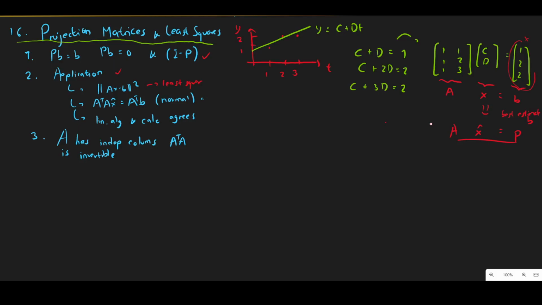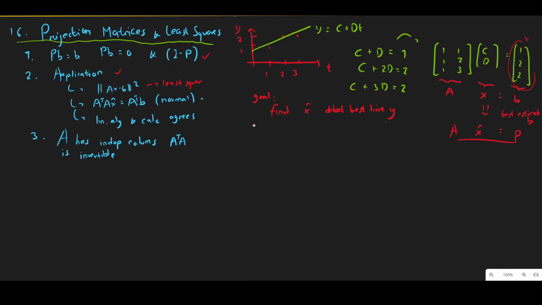So let's do that. We are interested in finding x now. The goal is to find x hat that satisfies the best line. So what is the condition? Remember that there are a couple of possible candidates for the line, but here is where the term least squares comes in.